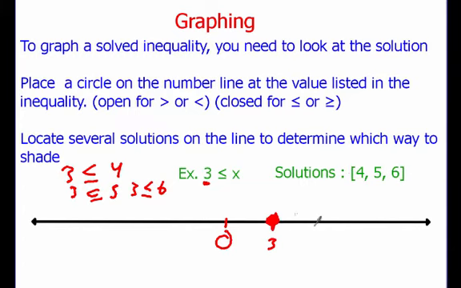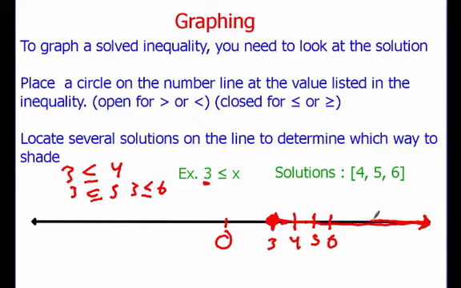And now I want to see where on the number line they are. Well, 4 is not between 0 and 3. It's bigger than it. It's going the other way. There's 4. And there's 5. And there's 6. So we know that the way we need to shade our graph is on the side with the solutions. So I just want to color in on my graph all the way to the end of the arrow on this side.